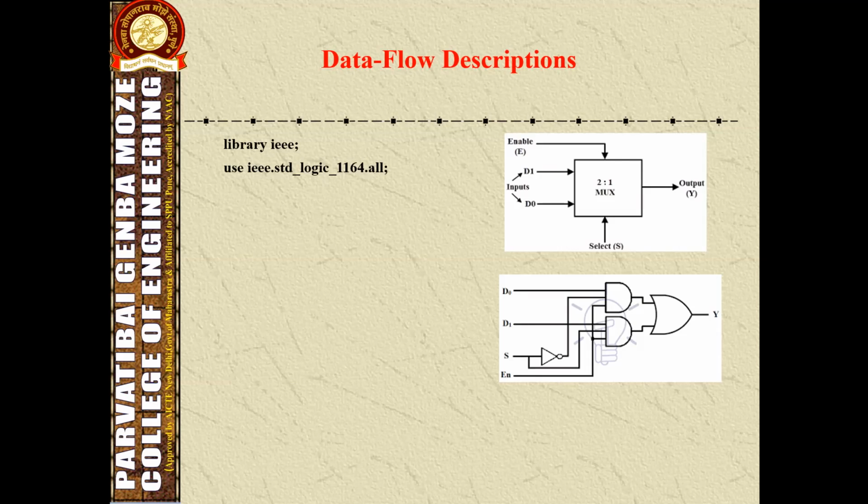Today we will see with a small example exactly what the architecture is, and how we can write the architecture of this data flow. The architecture has two inputs and two outputs. We are considering a small example with statement one and statement two to assign a value to the output, and the signal assignment operator is used. I will explain with an example here.